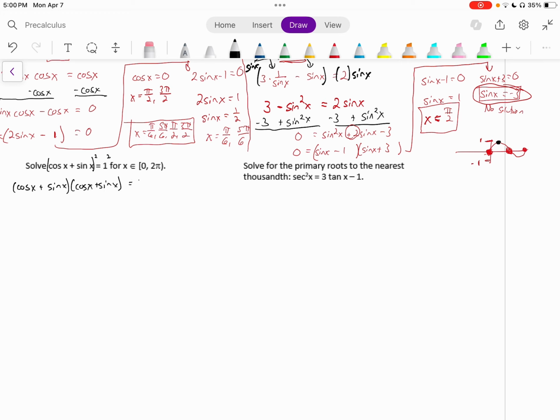Multiplying that out, we get cosine squared x plus sine x cosine x plus another sine x cosine x plus sine squared, and then that is equal to 1.